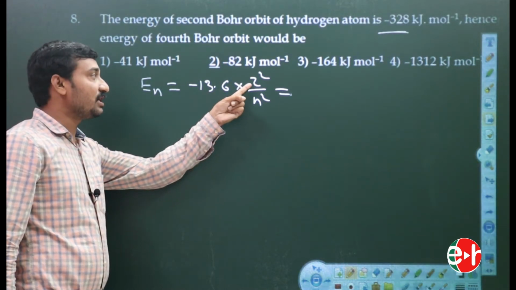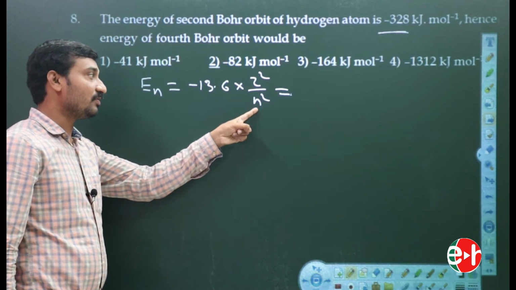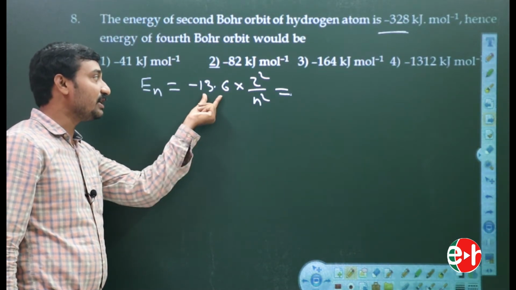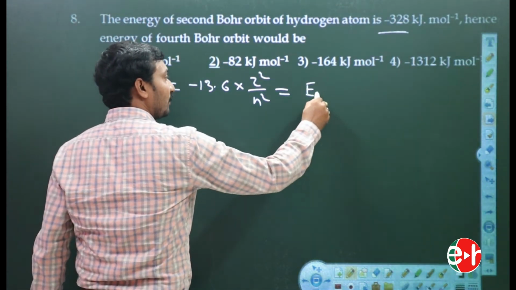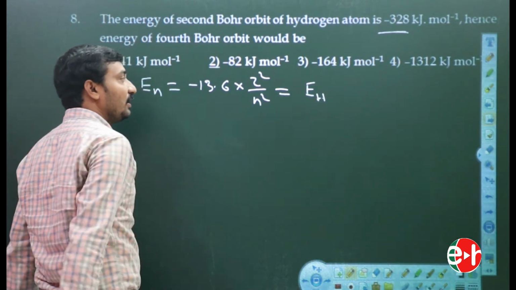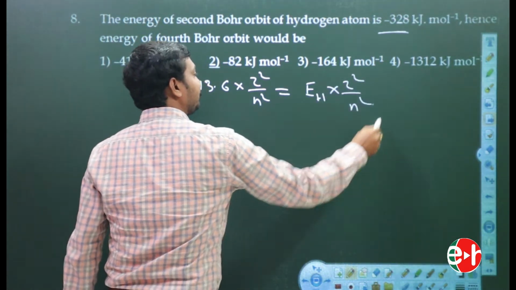Why? Because for the hydrogen atom Z value is 1, so 1 square. So this value equals EH into Z square by N square.